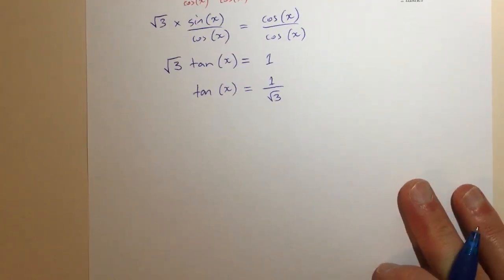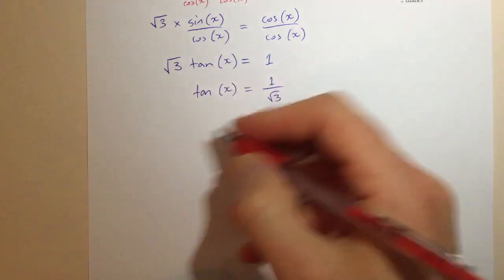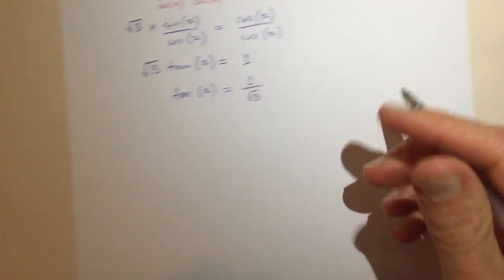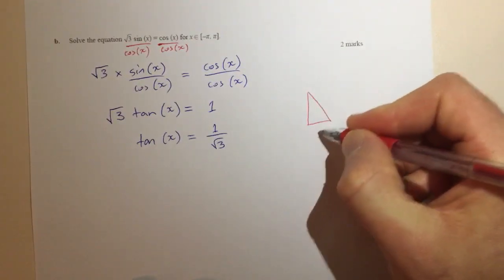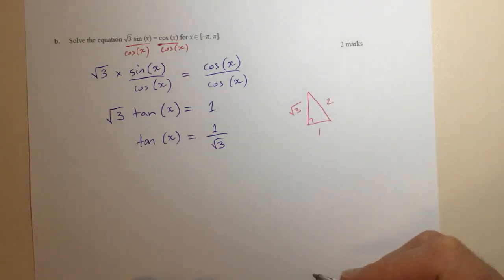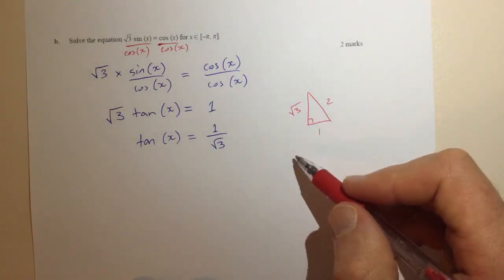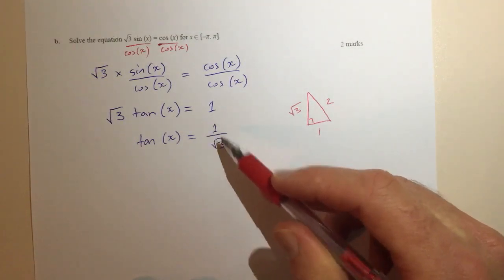It's a pretty similar one to the last question actually. The base angle is going to be the same as well. So let's see, using our triangles, I might write over here. Again, once you practice these, you might just remember them and not have to draw this out, but if you're in any doubt, draw the triangle. So we've got 1 on root 3 this time, which means it's opposite over adjacent.